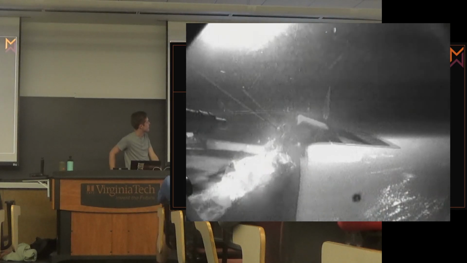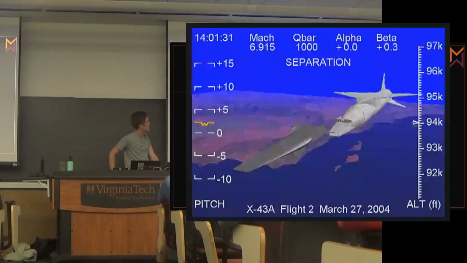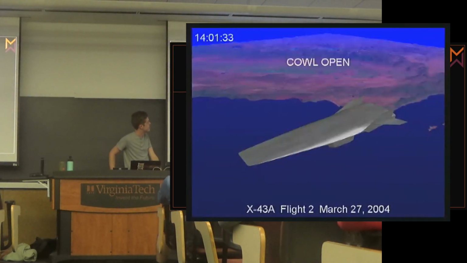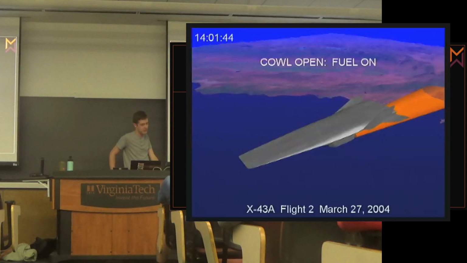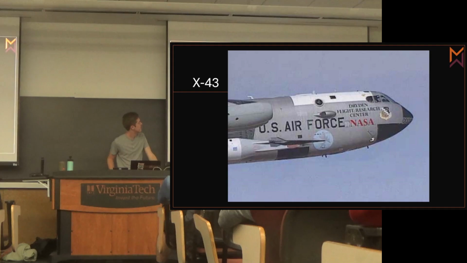Rocket, rocket, rocket. Pretty cool stuff. This is tracking from a jet.